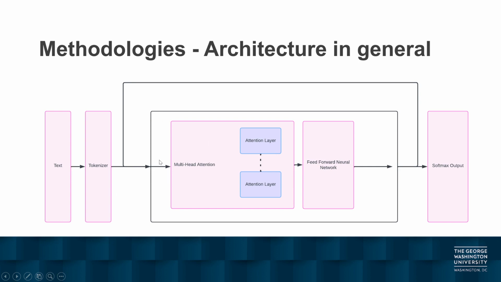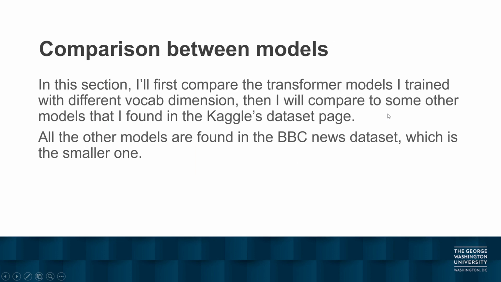Then the input IDs go into the multi-head attention, which contains many attention layers, and then into the feed-forward neural network. The whole structure is called the decoder layer, and there are 6 repeated decoder layers. Finally, it comes up with probabilities, goes through the softmax output, and then we get the predictions that we want.